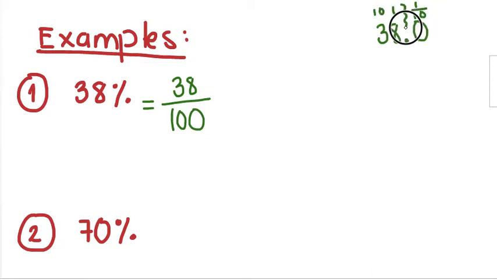Agree? And we have this line here that is dividing. So if I have my 38%, when I'm dividing by 100, I'm moving the digits in what direction? To the right, because I'm going to make my number smaller. Agree? And because I have two zeros, that means that I have to move my digits 2 decimal places.